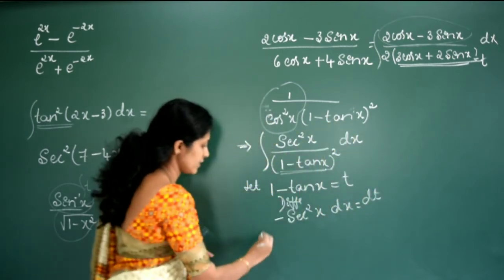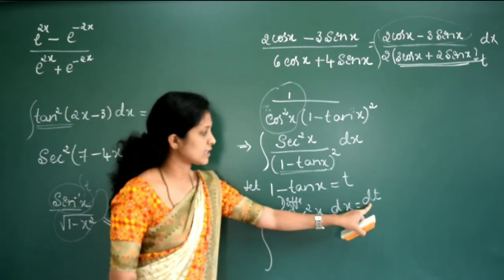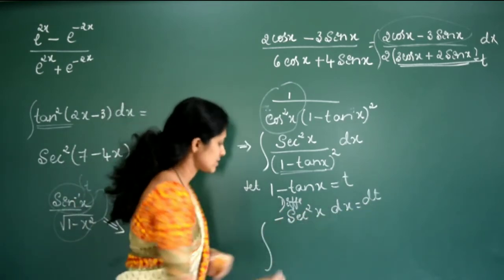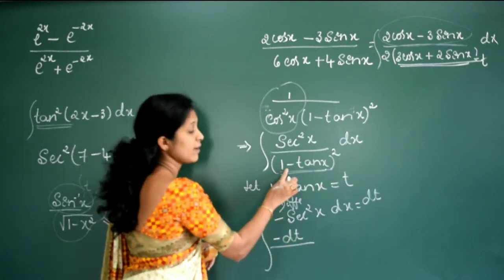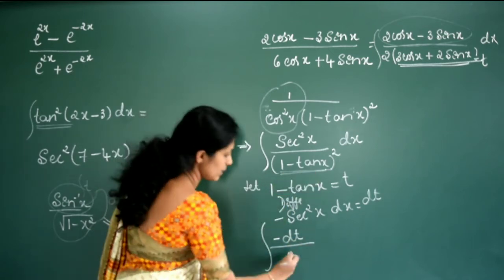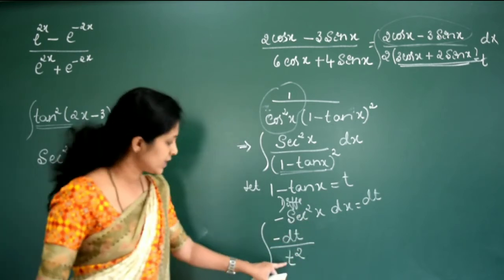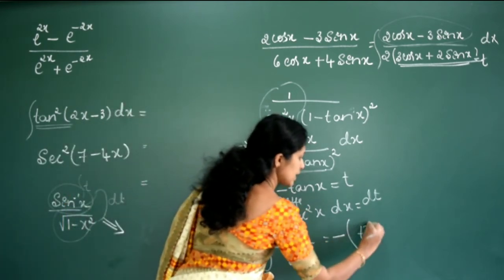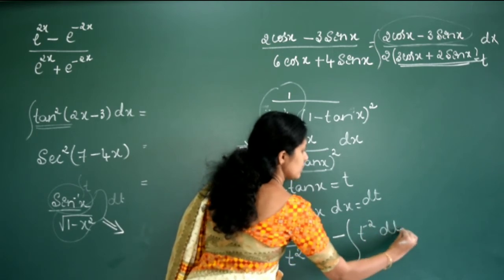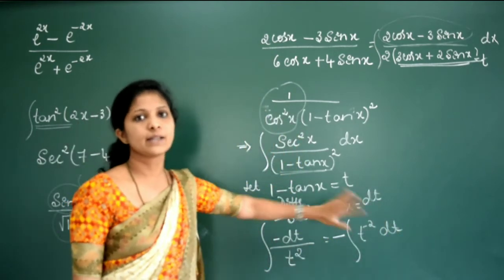Now substitute each and everything. Integration of secant square x into dx, I can write as minus dt. So this is minus dt divided by t square, where t is 1 minus tan x. Now we can simplify. This will be t to the power minus 2 into dt. Now we can integrate and finally substitute the value of t, plus c.